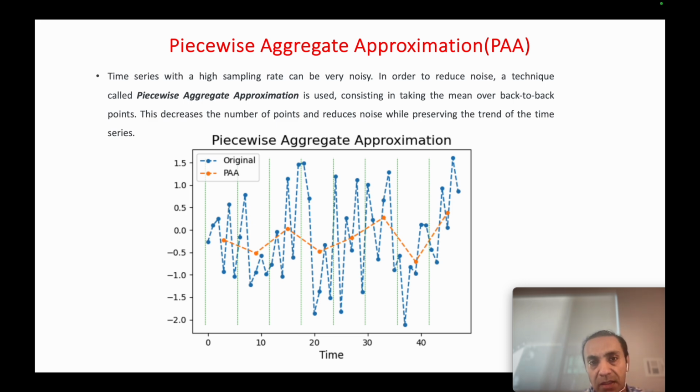In this graph, the blue curve is the original time series, and we use piecewise aggregate approximation to reduce noise while preserving the trend. The resulting time series curve is the orange line. You can see it preserves the trend, however it reduces those peaks and troughs, and overall it reduces the noise in the data.